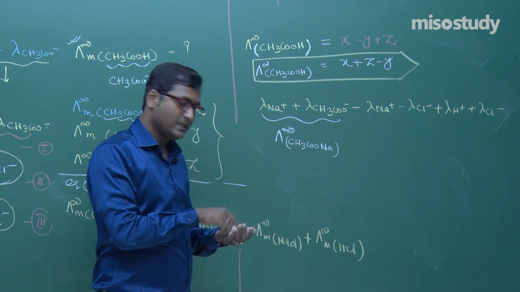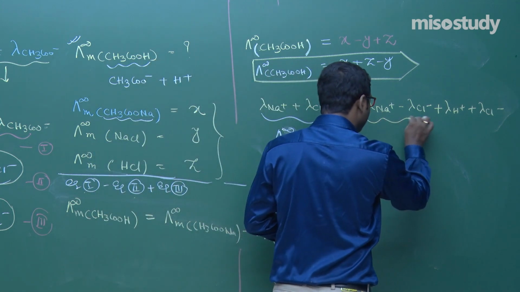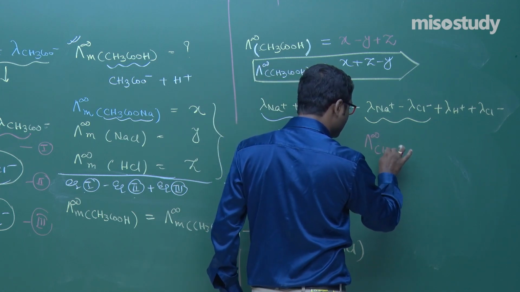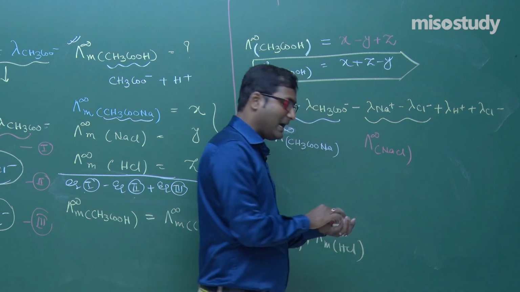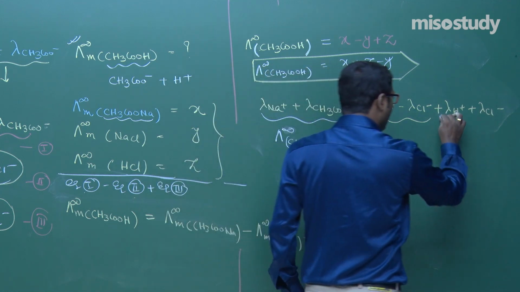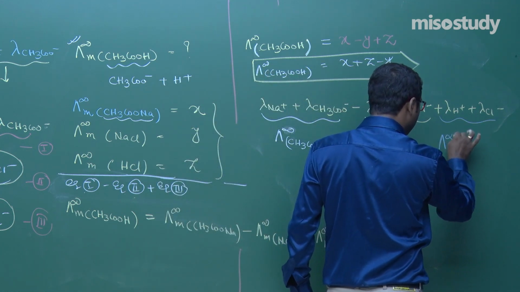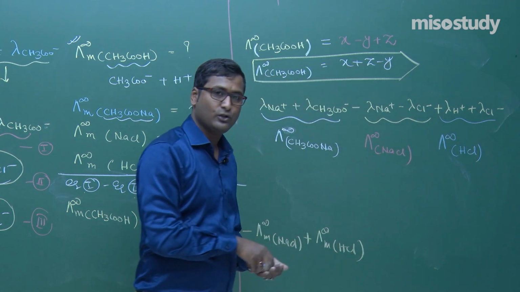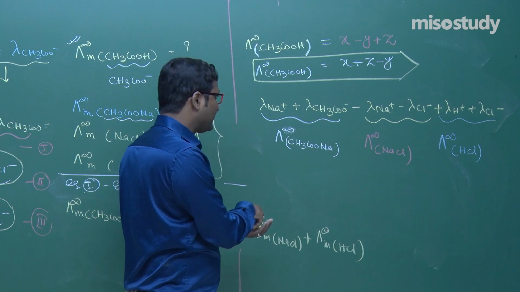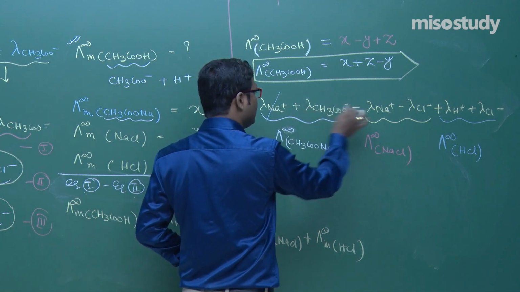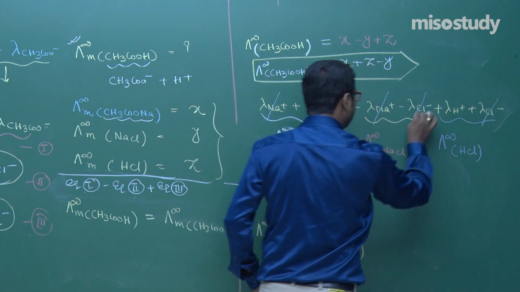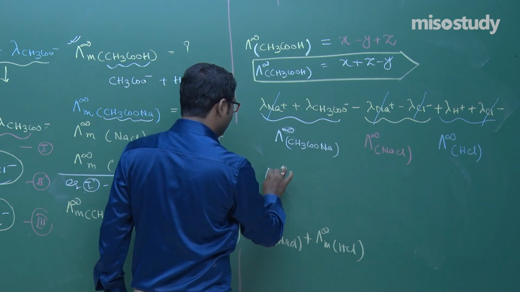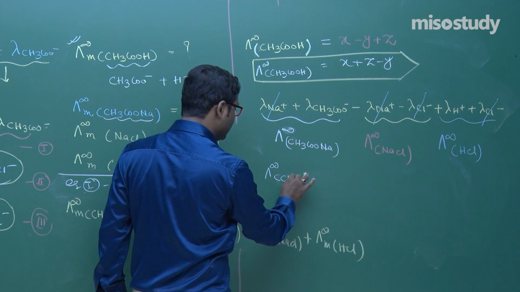Clear to you? This is the output we get from NaCl, and this is the output we get from molar conductivity of HCl. Clear to you? Now again check that this will cancel this one, this will cancel this one.